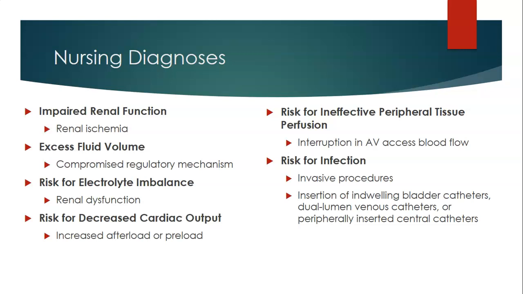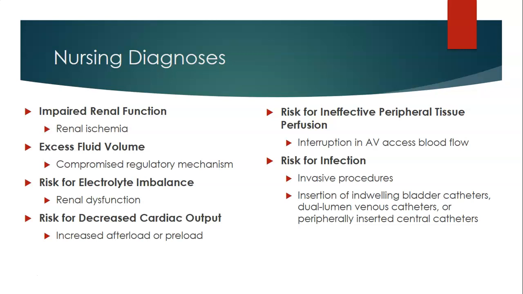So, of course, if that system isn't working correctly, we absolutely have the potential for fluid volume overload, secondary or related to compromised regulatory mechanism, risk for electrolyte imbalance related to renal dysfunction, risk for decreased cardiac output related to increased afterload or preload. We have the risk for ineffective peripheral tissue perfusion.